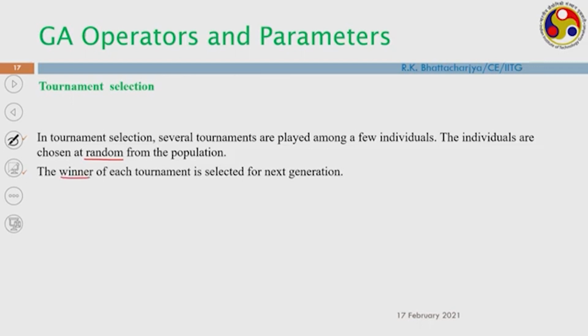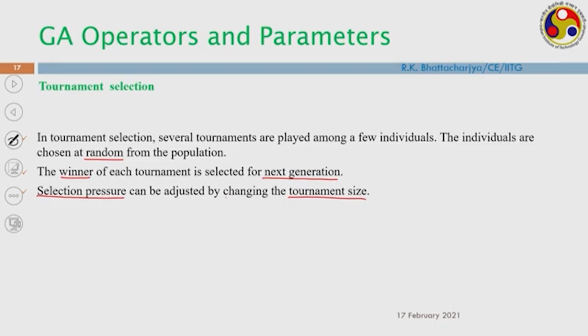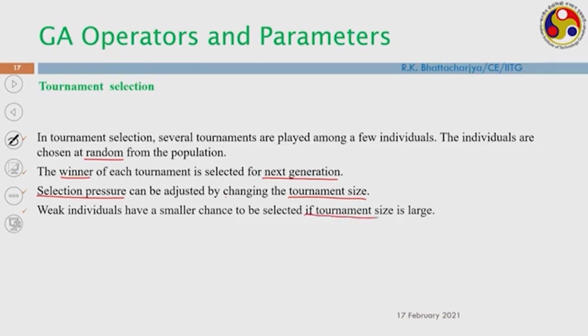The winner will go to the next generation. Selection pressure can be adjusted by changing the tournament size. So, I can adjust the selection pressure. I will discuss this in detail, what selection pressure is. Weak individuals have a smaller chance of being selected if the tournament size is large.